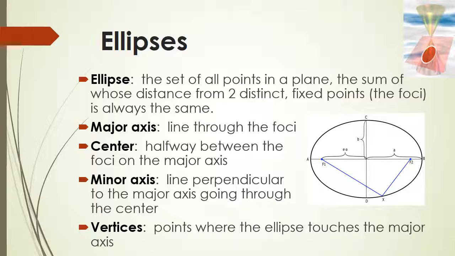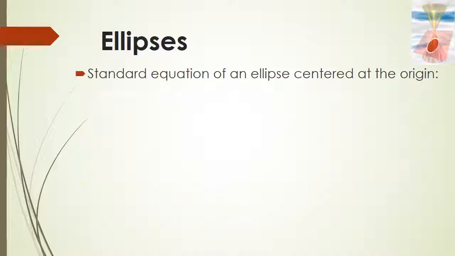You'll notice we've got some other labels here. The little a is always going to be the distance from the center to the edge of the major axis. The b is going to be the distance from the center to the edge of the minor axis. And it's not labeled here, but c will be the distance from the center to one of the focal points.